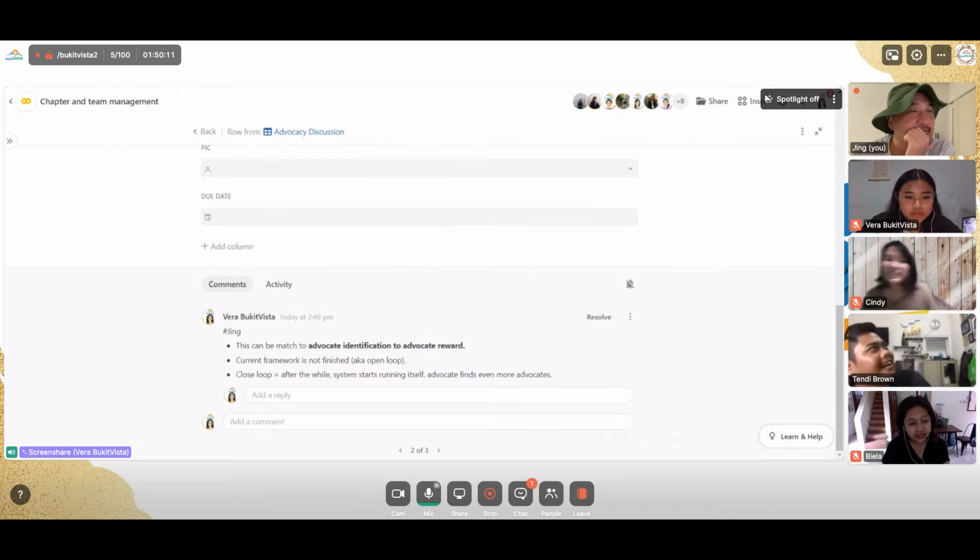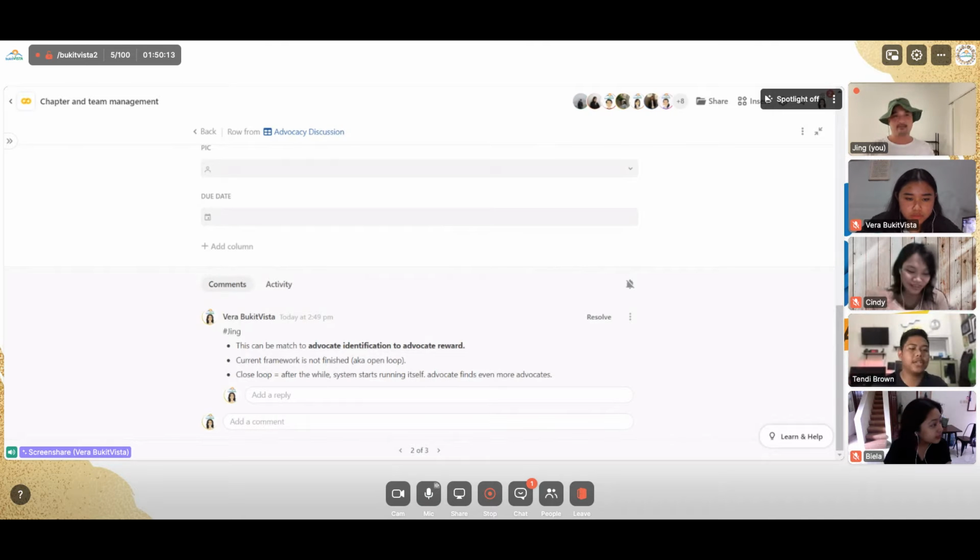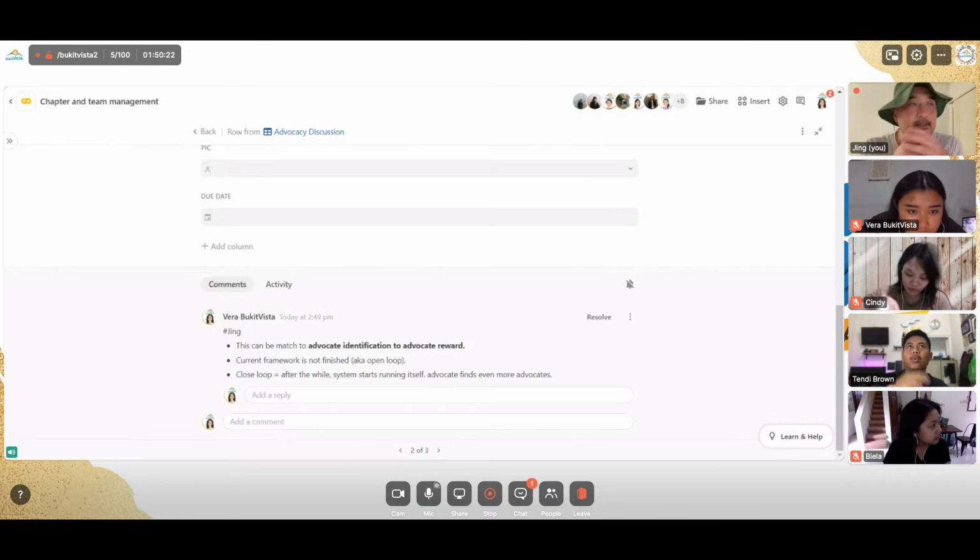Yes, actually, this is what you said before, the closed loop, sir. Because in our chapter, we go until the advocacy, but we don't think about what we will do after the advocacy. Usually after the advocacy, it's awareness back, right? I think that's the closed loop.